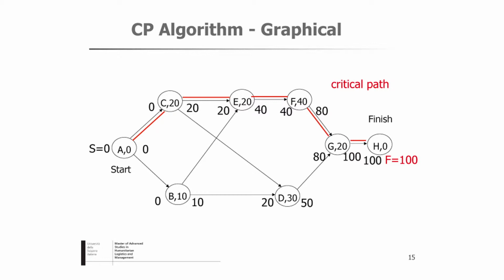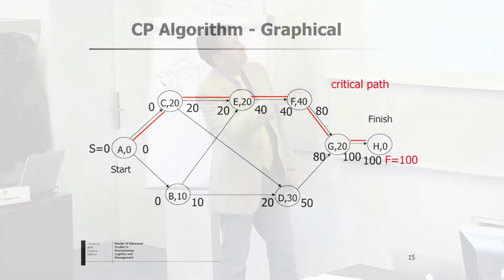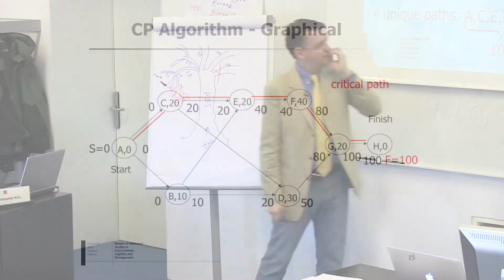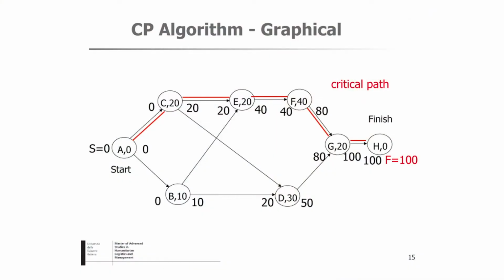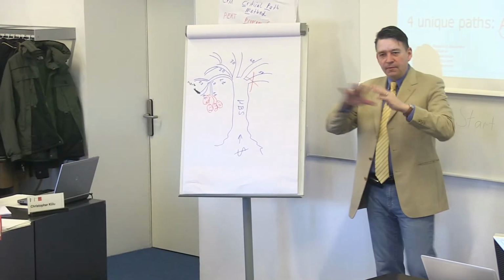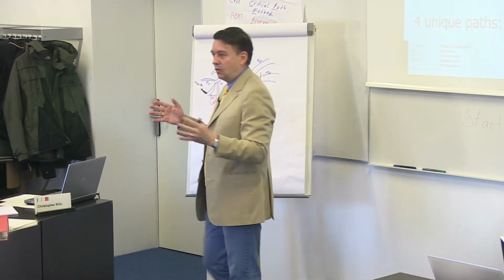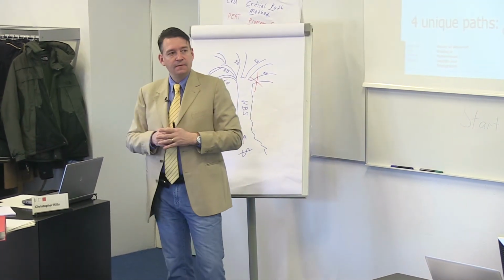That's the longest path, and that's the one we call the critical path, because it determines the earliest we can finish the project. All these paths have to be done. You can't just say, oh, I'm just going to do this one. When you do a project, you do all the paths, because you need to do all the tasks that are in the project plan. All these tasks are necessary, right?